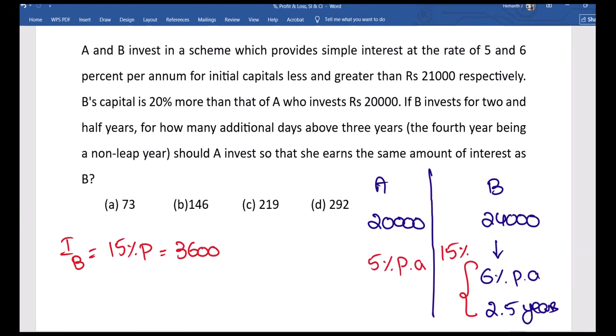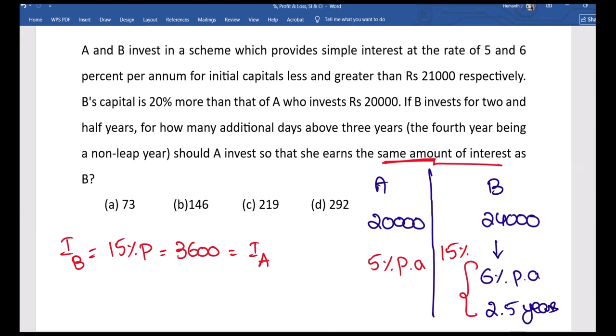Now A is going with 5% per annum. What is the time required to get 3,600? Interest of A also must be equal to 3,600, the same amount of interest. Again, there is a problem: if they say same amount, the answer is different. Here they clearly mention interest.